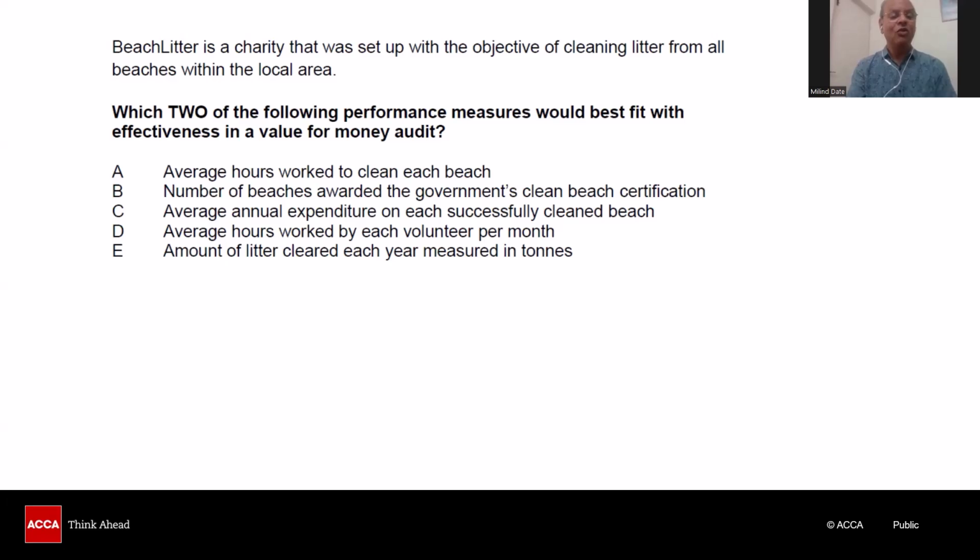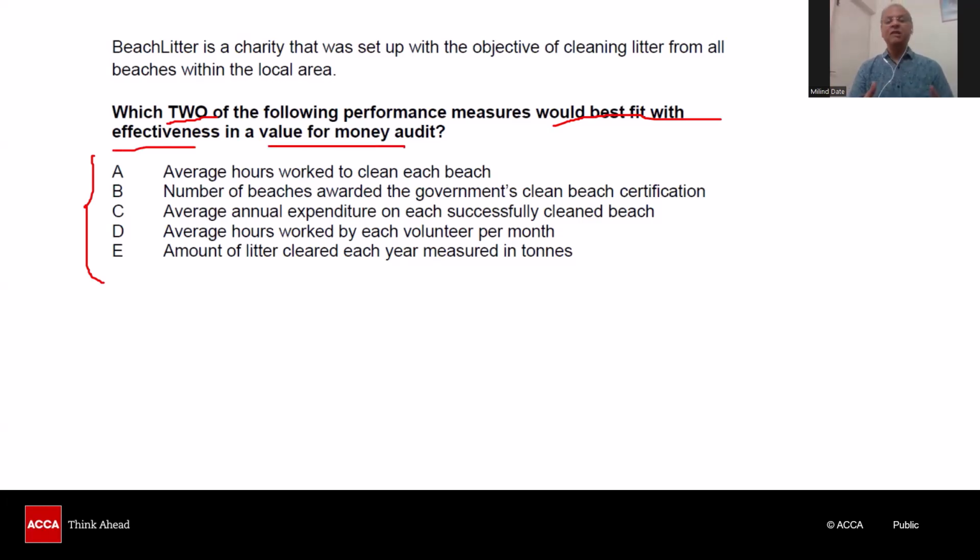As I said, you've got to be careful in identifying 2 of the following. So there are 5 alternatives given. 2 of the following would best fit with effectiveness in the value for money audit.